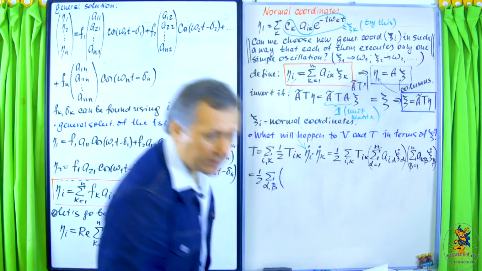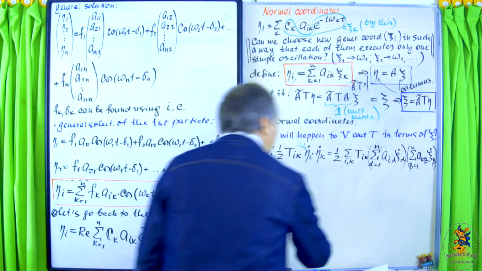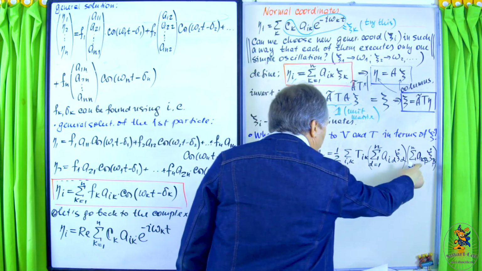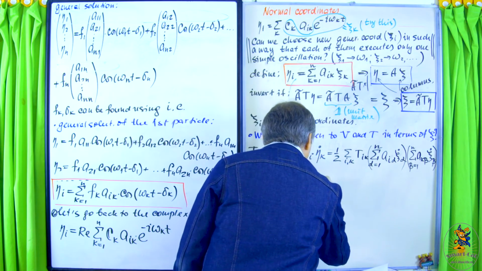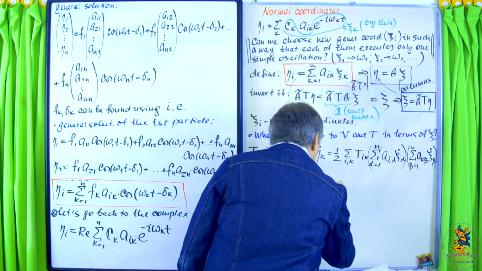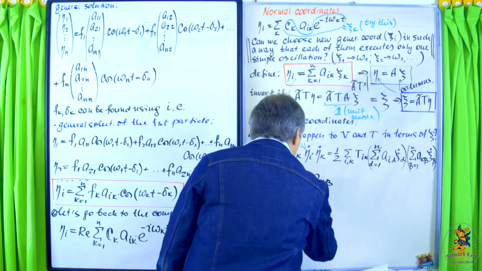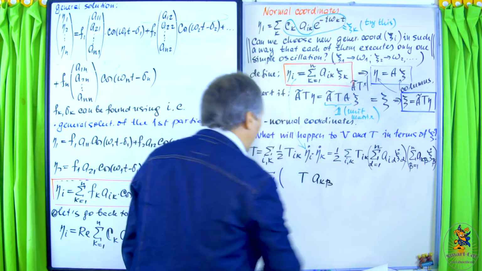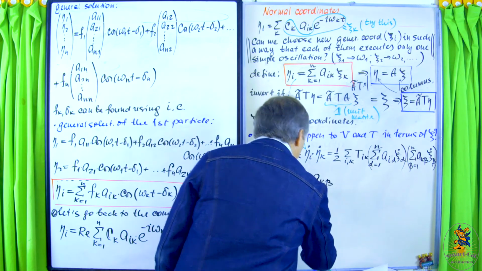Right, and inside we have, okay, let me finish at least this kinetic energy. All right, so let me write like this. First, I will write this a_k beta, right? Then T_ik, and a_i alpha. These are components.